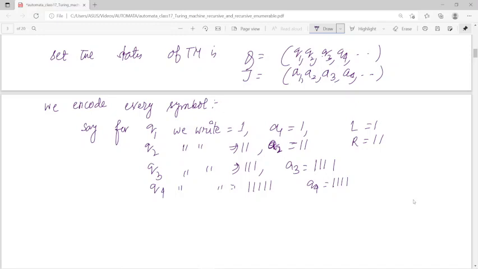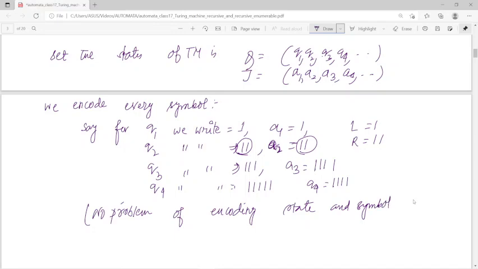There is no problem if q2 is also 11 and a2 is also 11; there is no problem of encoding state and symbol with the same number of bits.